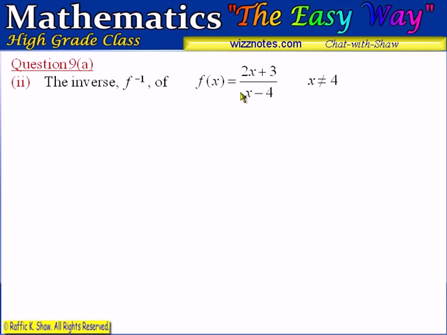In this function f of x, x represents the domain and f of x represents the range. When we take the inverse function, this range will become the domain, which is represented by x, and these x's, which are the domain, will become the range of the inverse function, which is represented by f to the minus 1.